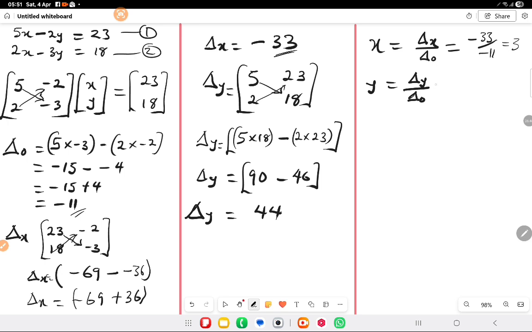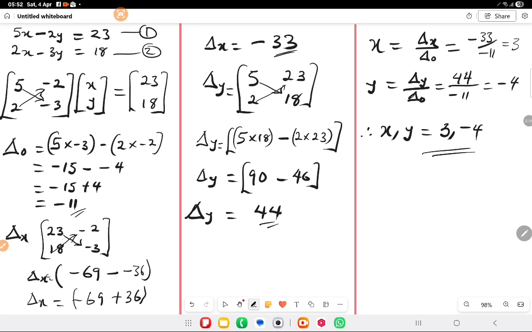Then determinant y is 44 divided by minus 11 gives us minus 4. Therefore, x, y equals 3, minus 4 as the answer. This matrix method is normally used in further mathematics, especially in A levels, which is key stage 5. Then we have the same answer using a different method.